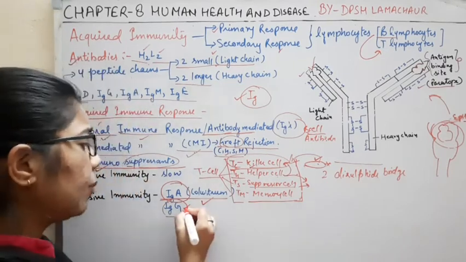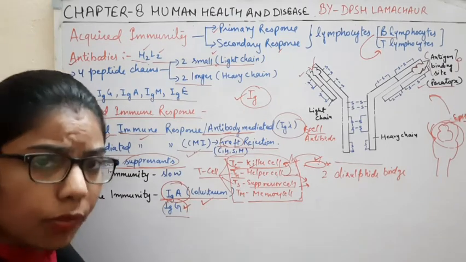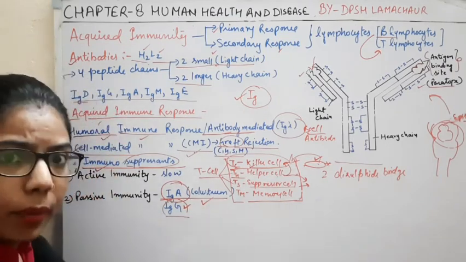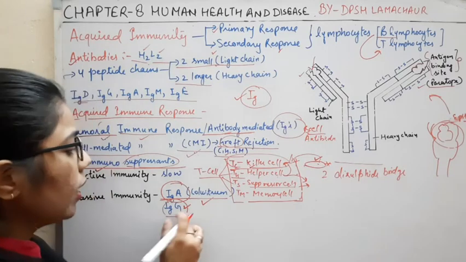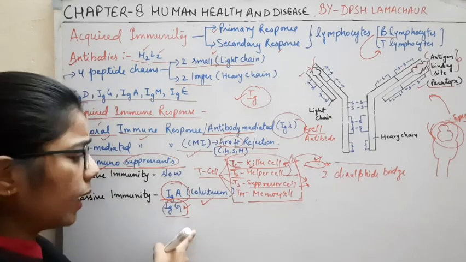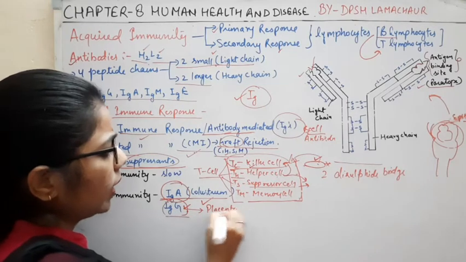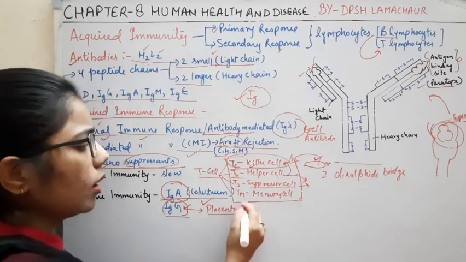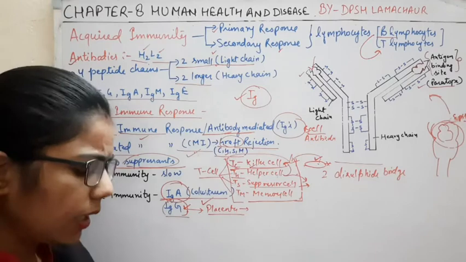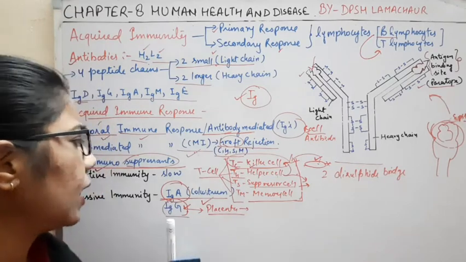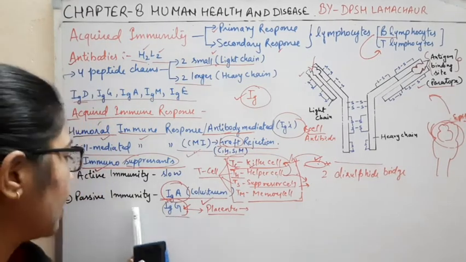So this antibody will give protection to the babies in the mother's womb, and it is the only antibody which can pass through the placenta and provide protection to the growing baby. So these two antibodies are examples of natural passive immunity.